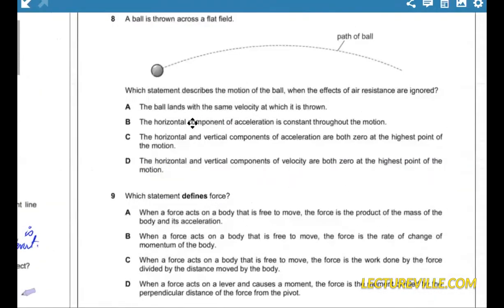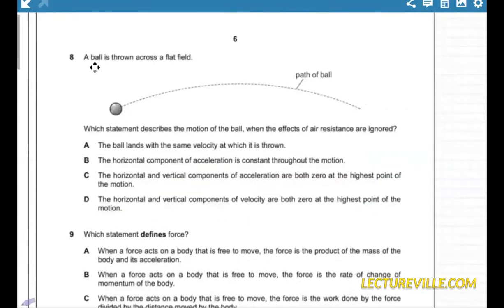Now, a ball is thrown across a flat field. This is a projectile question. Which statement describes the motion of the ball when effects of resistance are ignored? So remember, when an object goes as a projectile like that, it is having two kinds of motion at every time.